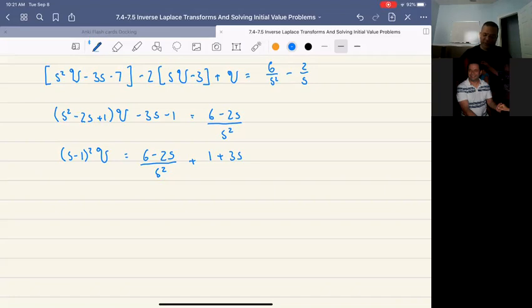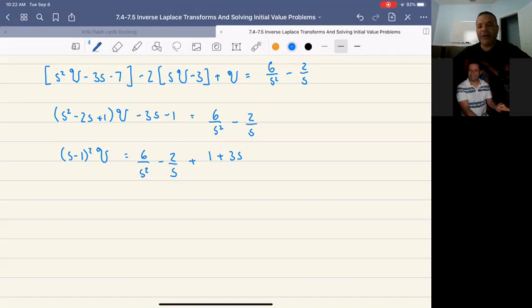All right. Actually, I didn't need to do that. Let me put this back as 6 over s squared minus 2 over s. Actually, I end up doing it later, but it doesn't matter.